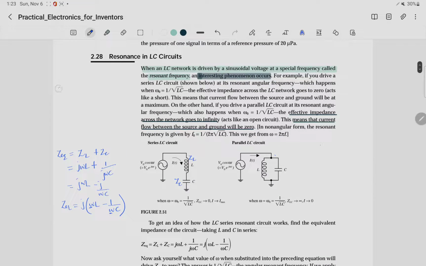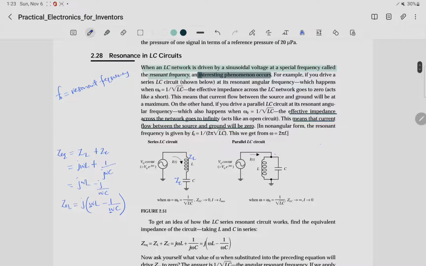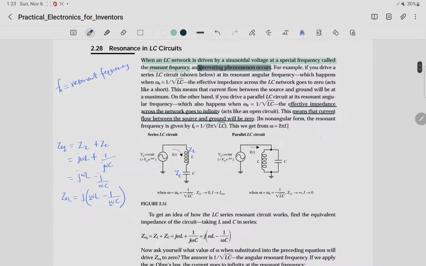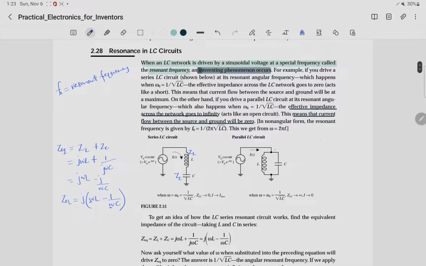Let's say f naught will represent the resonant frequency. By the way, I'm sorry for the background noise outside, since some people are building something or whatever. But let's proceed. Here omega naught equals the angular resonant frequency.